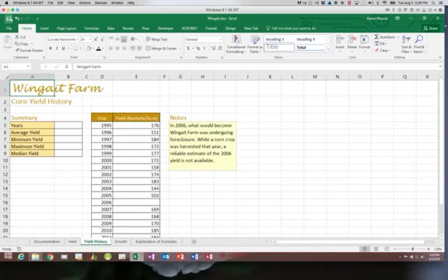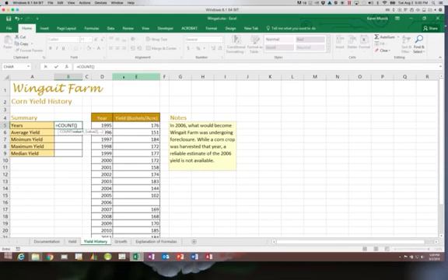So on the yield history, I want you to go to B5. And we're going to use the count function to count the number of years that we have been entering information. So you're going to start by choosing count numbers. Or you could type equal count and open a parenthesis.